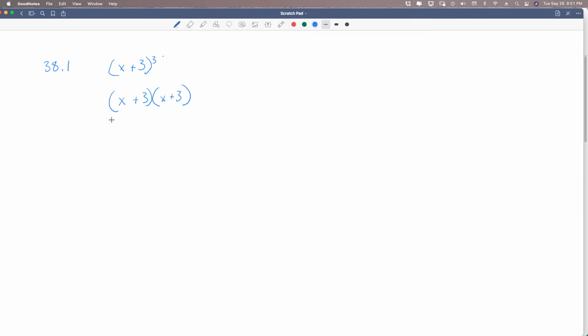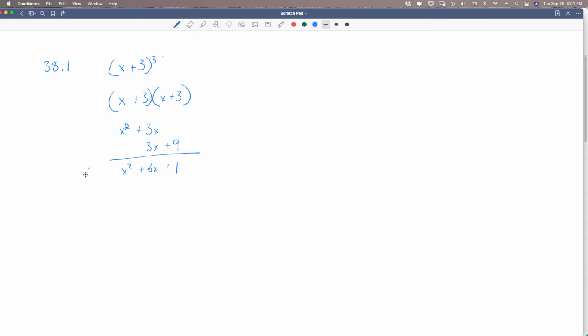So then we have x squared, plus 3x. And then we have another 3x, and then we have plus 9. We add all that together, we get x squared plus 6x plus 9.